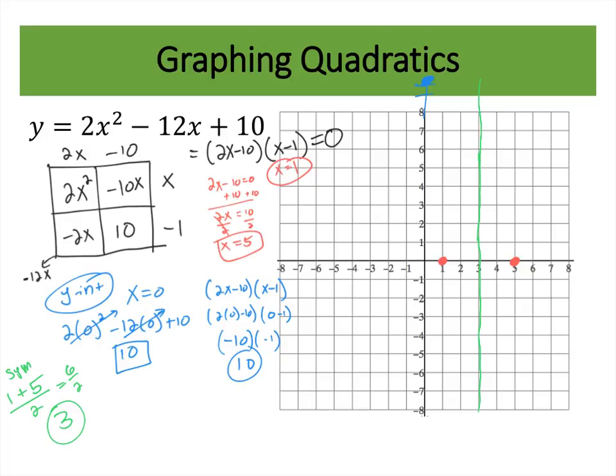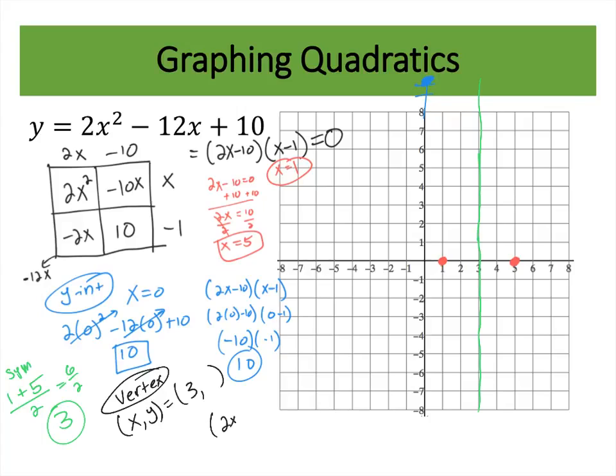Okay, and I know that the line of symmetry is also where the vertex lies. So to calculate the value of the vertex, we're going to have to substitute the line of symmetry into that. So my vertex, the x-coordinate is going to be 3, because that's what my line of symmetry is. So 3 for sure. Now how do I get my y value of the vertex? Well, I just plug it in. And I'm going to plug it into the factored form because I think that's easier for me to calculate.